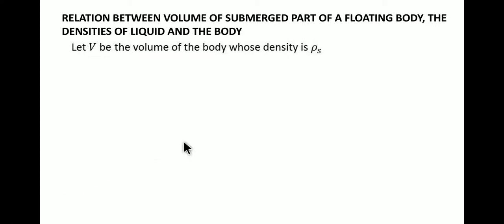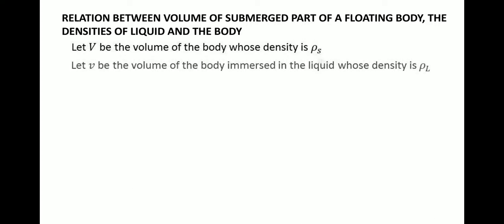Here this is a Greek symbol known as rho, and rho in physics usually represents density. So this is the density of S, S meaning solid. So density of solid means the density of the body whose volume is capital V. And let small v be the volume of the body which is immersed in the liquid, and the density of the liquid is rho L.